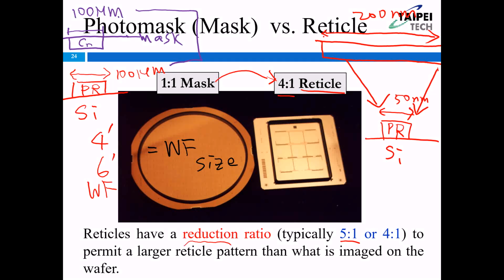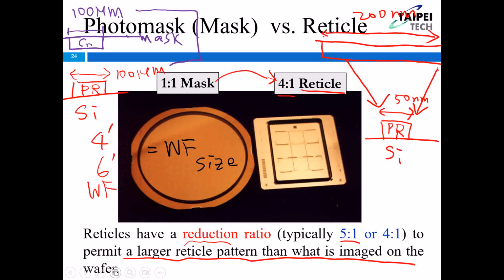And then due to the projection lens between the reticle and the silicon wafer, finally, when the UV light is exposed to the silicon, this line width will be only 15 nanometer, just as the target we set up, okay? Also, we mentioned the reticle has the reduction ratio about 5:1 or 4:1, to permit a larger reticle pattern than what is imaged on the silicon wafer.